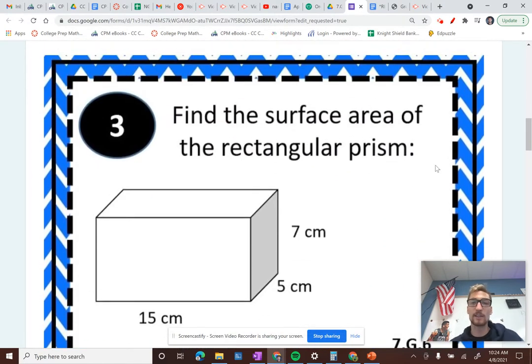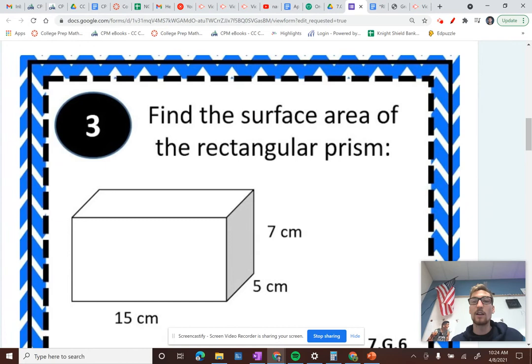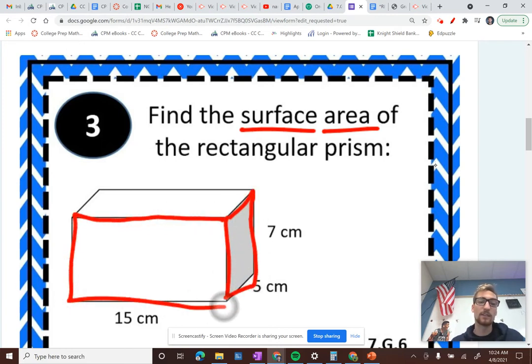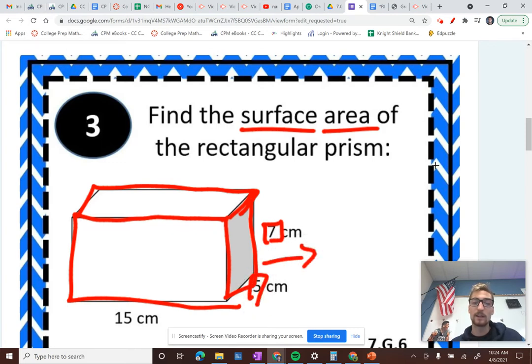Now that word surface area, that's talking about everything that is on the surface of the figure that we see. And so here, it's just asking what is the area of this side plus the area of this side plus the area of this side. So when we calculate, we do 7 times 5 to figure out that the area here is 35 centimeters squared.